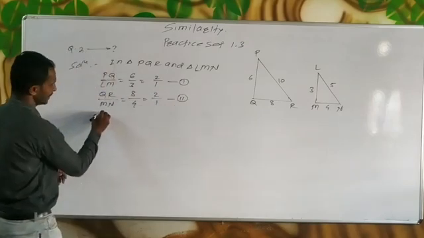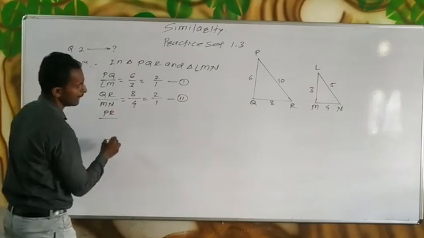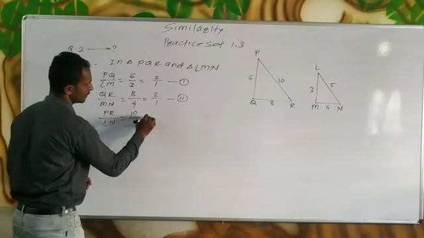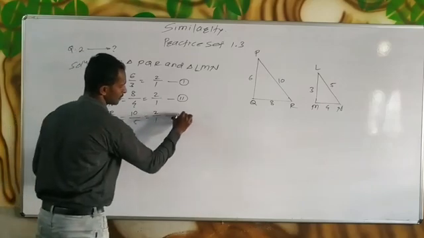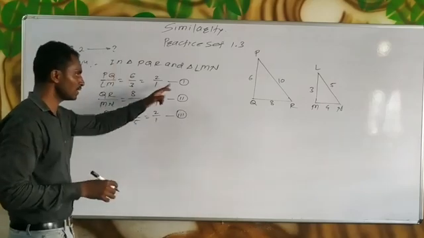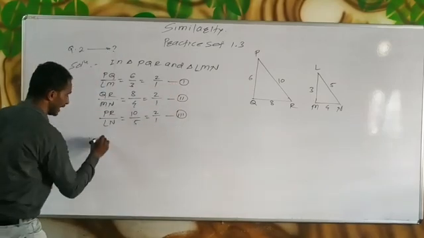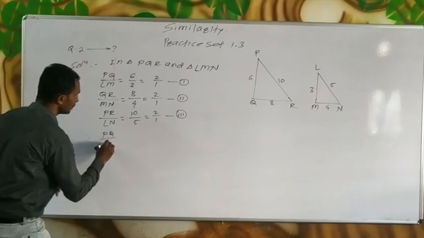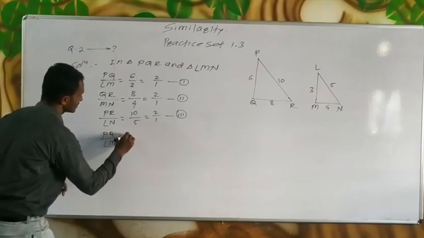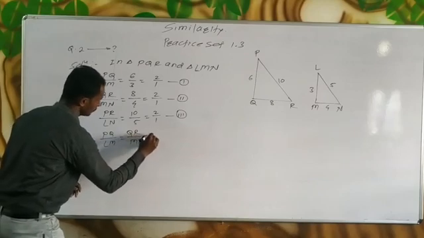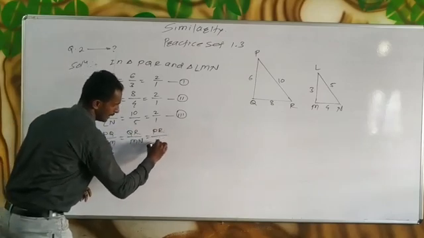And the third, PR upon LN, is equal to 10 by 5, equal to 2 by 1, number 3. So according to statements 1, 2 and 3, we can state that PQ upon LM equals QR upon MN equals PR upon LN.